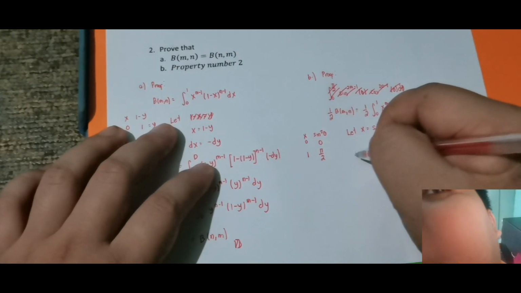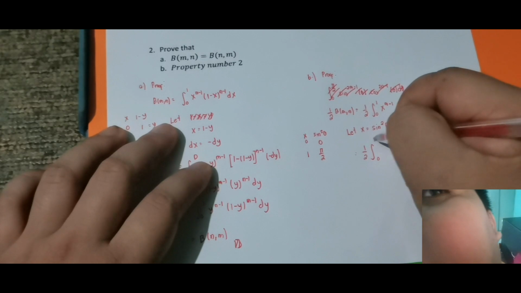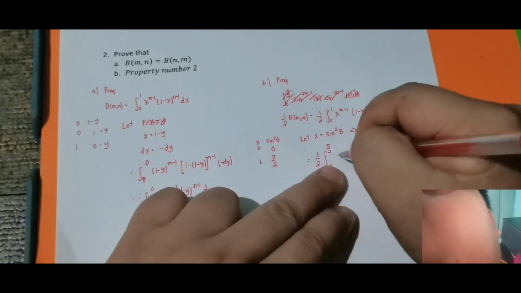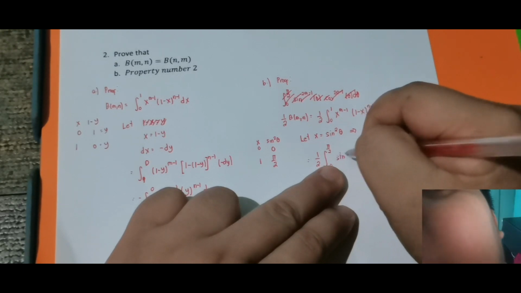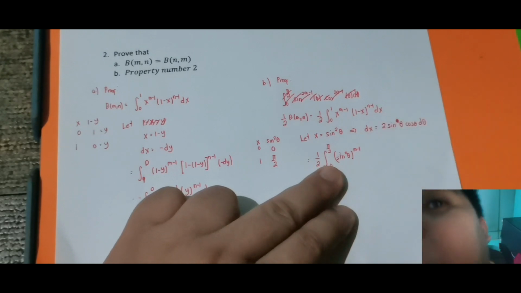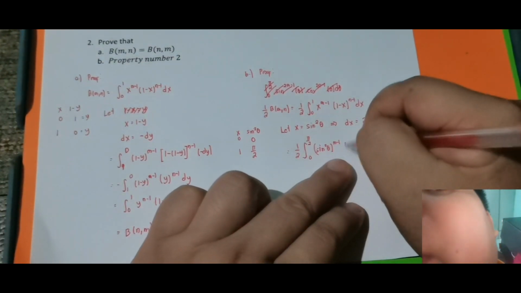So proceed tayo, this is just equal to 1/2 integral from 0 to pi over 2. Tapos yung x, ano yung x? That is sine squared theta. Tapos raised sa m minus 1. Then next is yung 1 minus x.